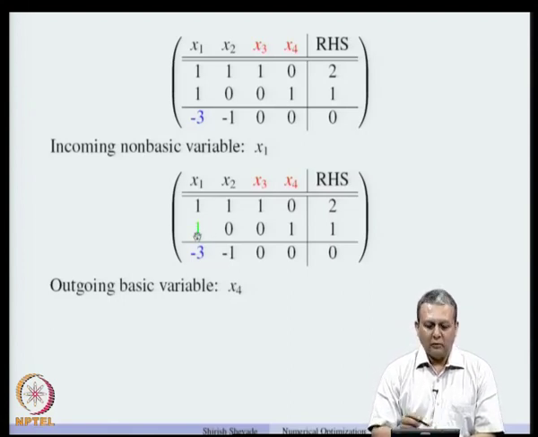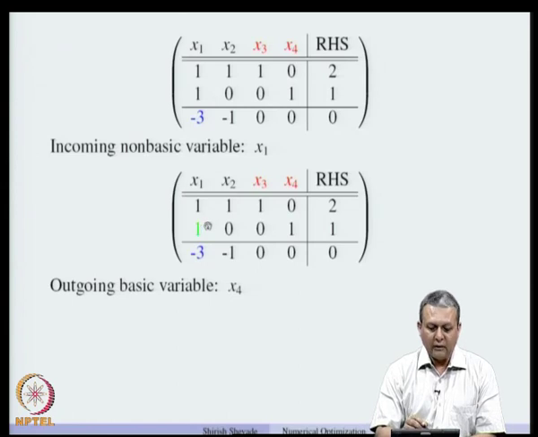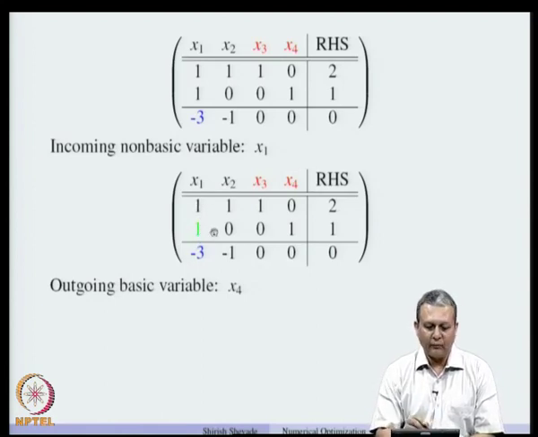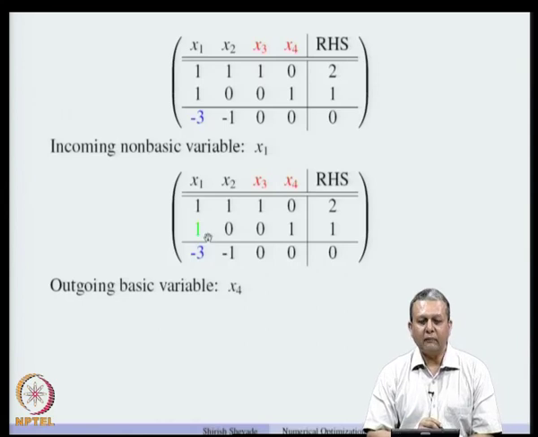Now, once we decide to make x4 non-basic and x1 basic, then in this column we should make sure that the remaining entries are 0 and this entry is 1. Now, in this case it is 1. So, we do not have to worry about making this entry 1.